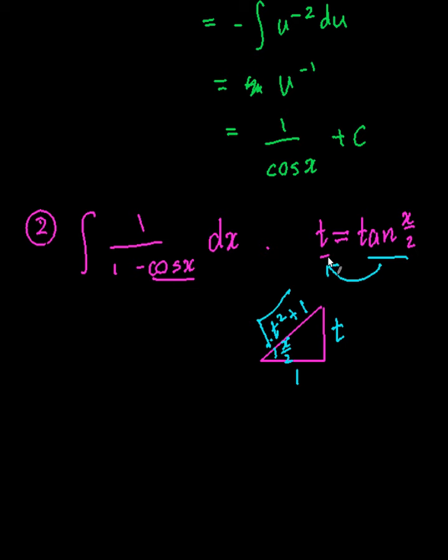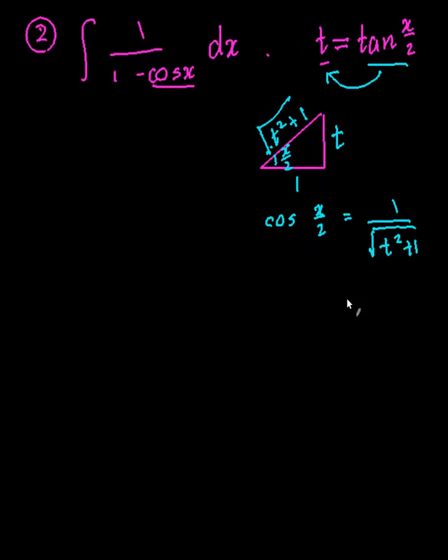From this, I can find out what cos x on 2 is. Using this triangle, it's adjacent on hypotenuse, so it's going to be 1 on the square root of t squared plus 1. In the same way, we're not going to need this for this question, but I'll write it down anyway: sine x on 2 is equal to t on the square root of t squared plus 1.